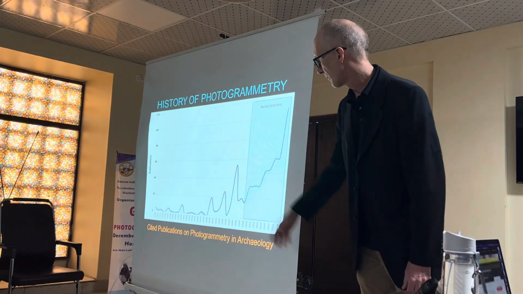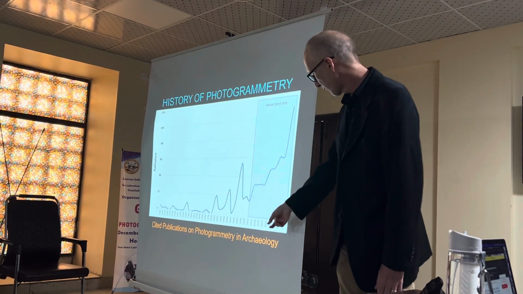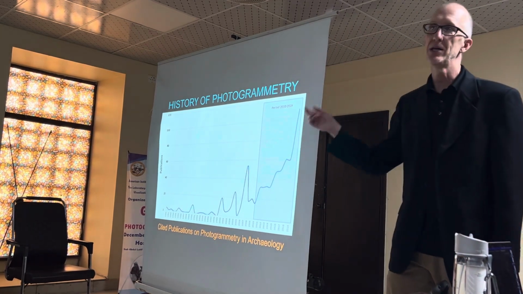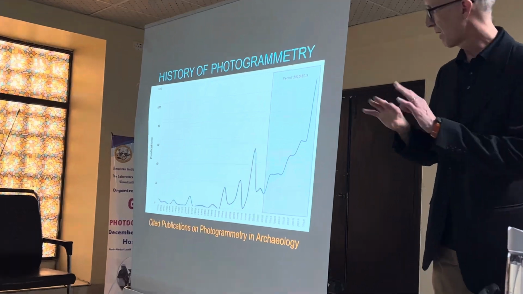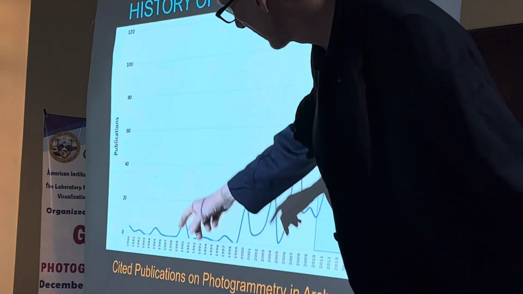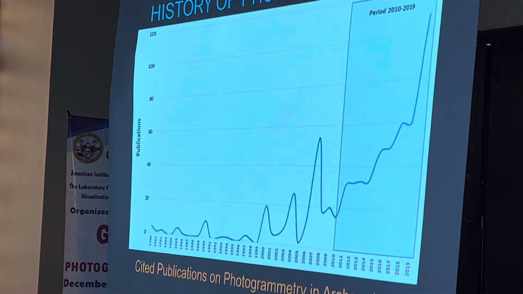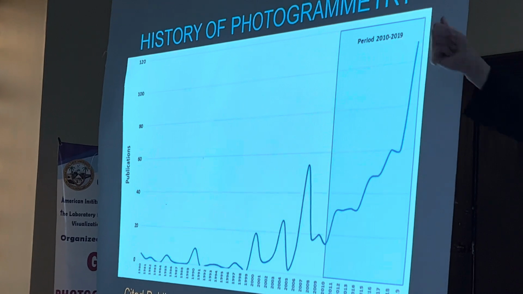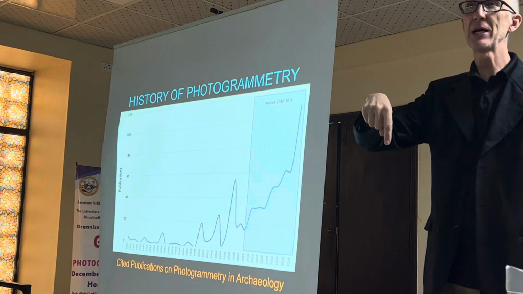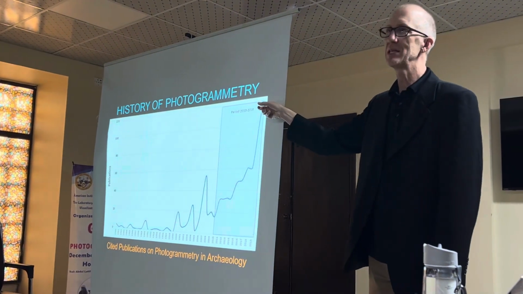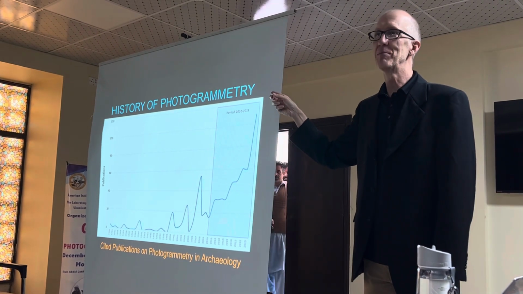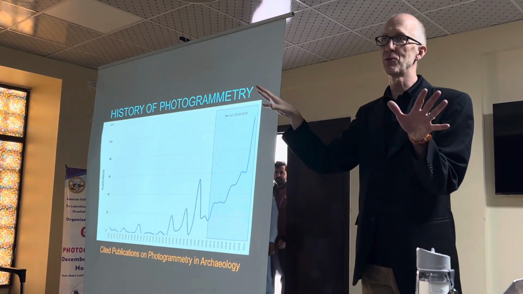And this is just an example. So this is a chart that I found. Unfortunately, it goes up to 2019, so it's a little bit dated, but you can see the trend of the number of cited, not just publications, but cited publications in archaeology, going back into the ancient 1980s, and this gets up to 2019. And I'm guessing, this is just a guess, that maybe the pandemic slowed things down, or maybe actually people were stuck at home and they probably did more photogrammetry work, but no one was doing field work during the pandemic.